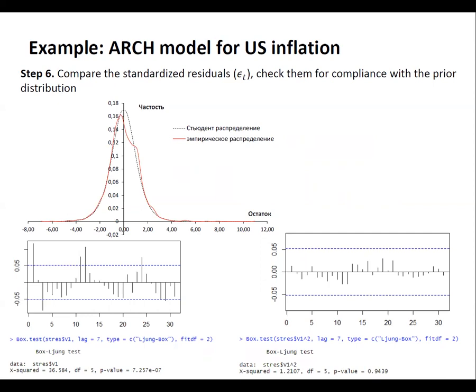Here is the effect associated with the autocorrelation of standardized residuals and the autocorrelation of squared standardized residuals. We see that the inclusion of the ARCH effect in the model removes autocorrelation of squared residuals, but instead the autocorrelation of the standardized residuals themselves comes out, which is also not good.